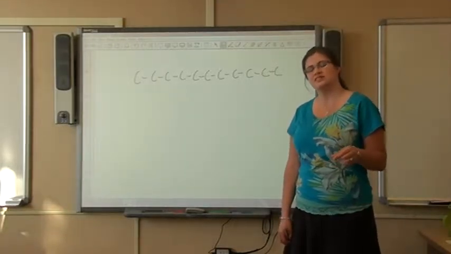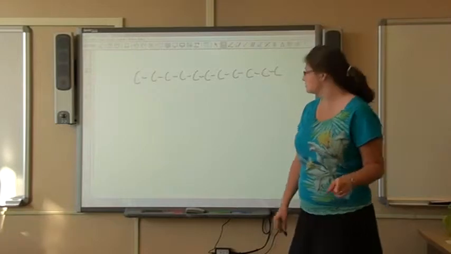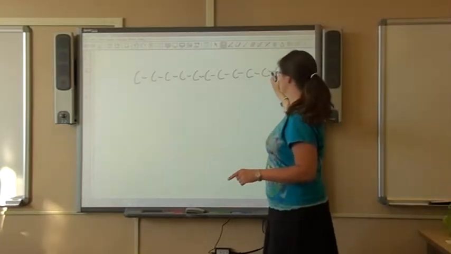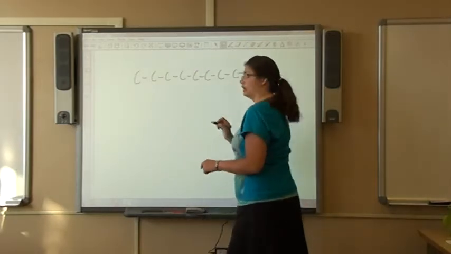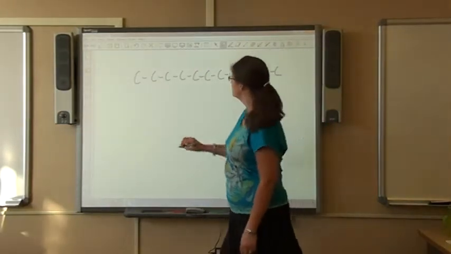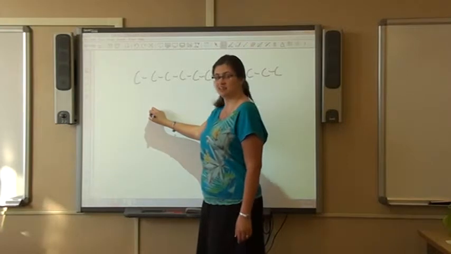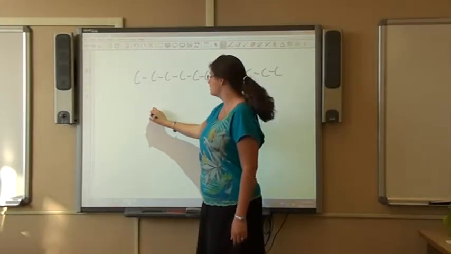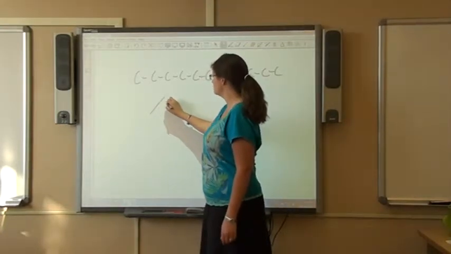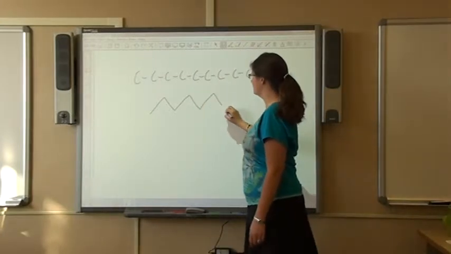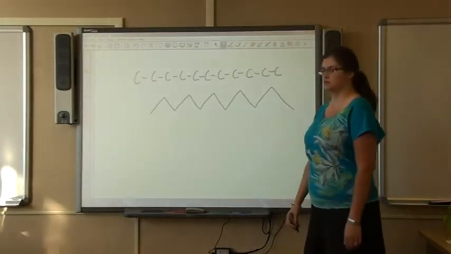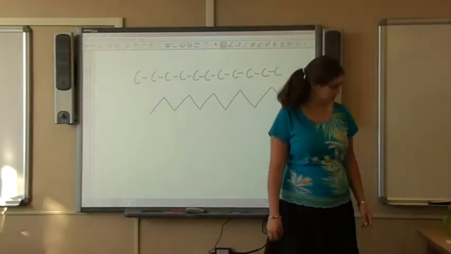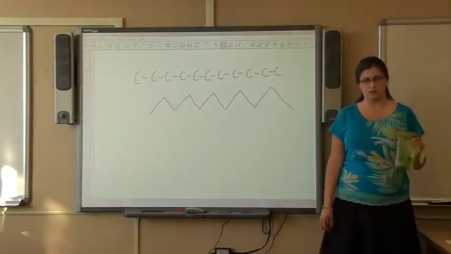The reason there are only 10 lines is because there are only 10 bonds. If you count up these lines, you'll actually only count 10. 1, 2, 3, 4, 5, 6, 7, 8, 9, 10. Okay, so let's write the line angle formula. That's your first carbon. So that's 1, 2, 3, 4, 5, 6, 7, 8, 9, 10, 11. So that's an 11 carbon chain. That's pretty long, but we'll see longer.